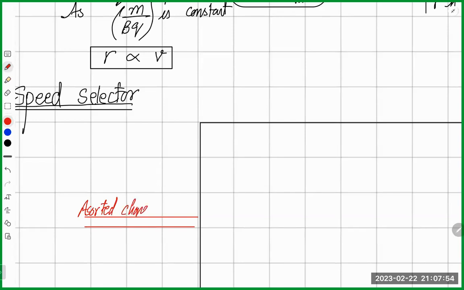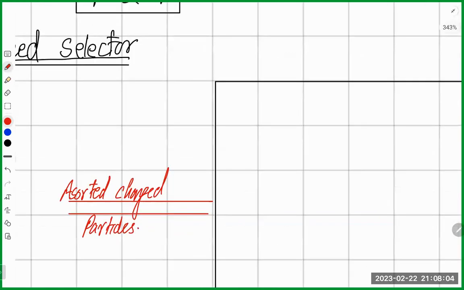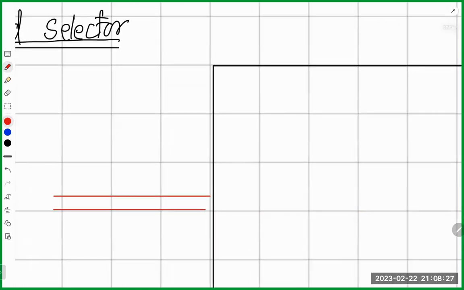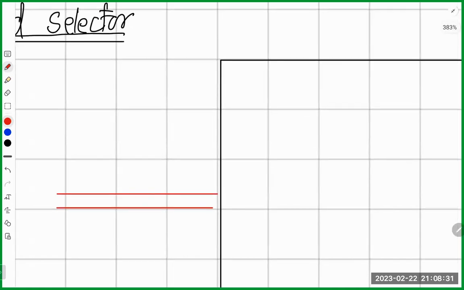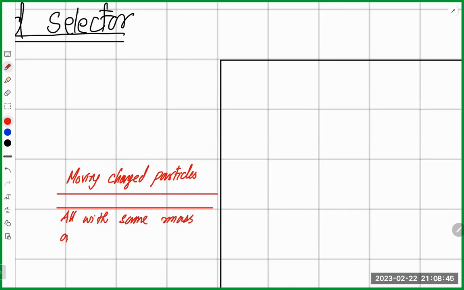Moving charged particles, all with same mass and charge, but sorted speeds.